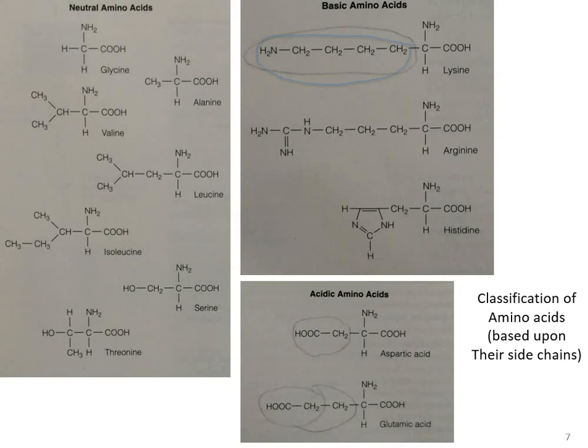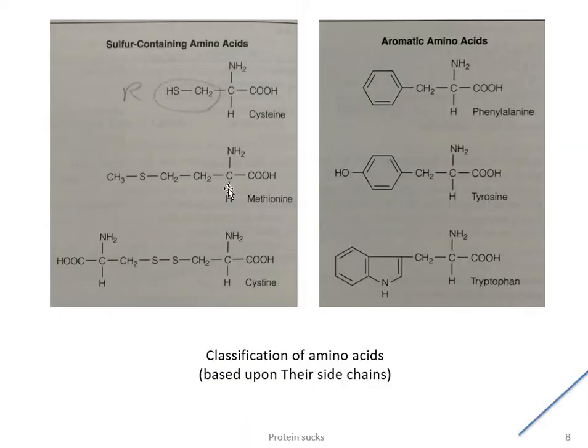Okay, and then finally we have sulfur containing amino acids, like if you can see group sulfur there, also here and here. So this is cysteine and methionine and cysteine. This is very famous in egg white.